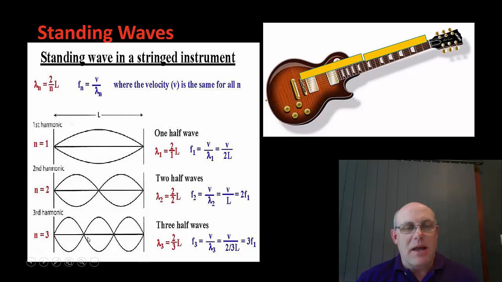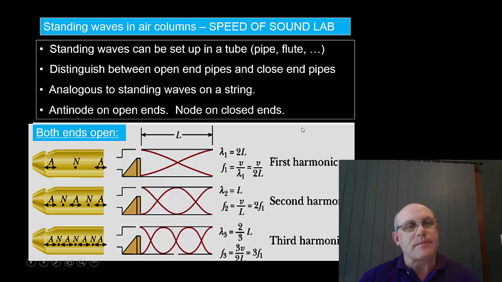And if we go to the next stage, our fourth harmonic would be at the same place as well. So at that particular point, if we're holding the strings there, we can set up a number of different harmonics. That's simply how a musical instrument like a guitar would use standing waves.